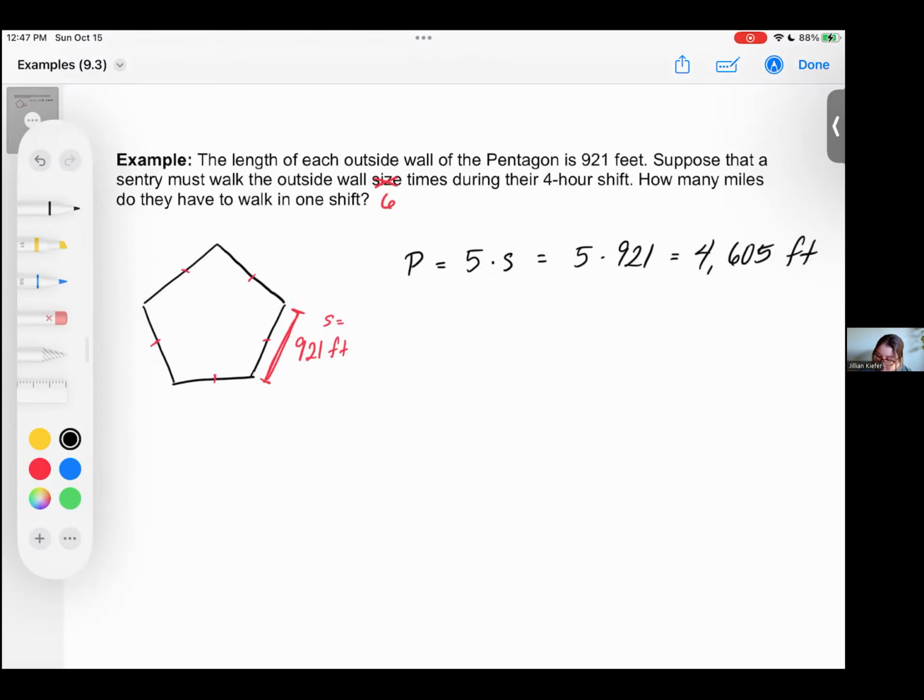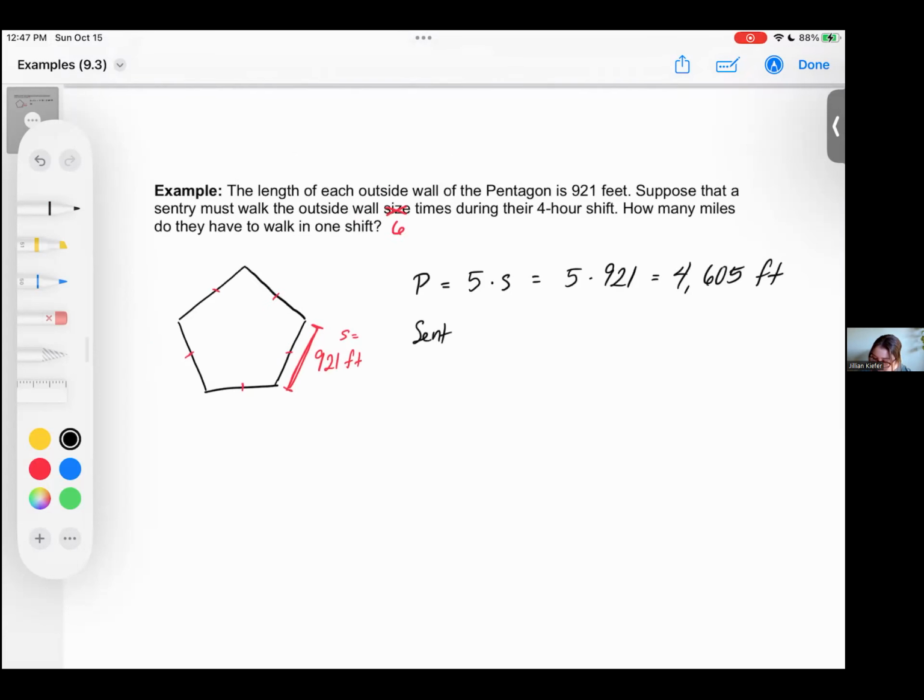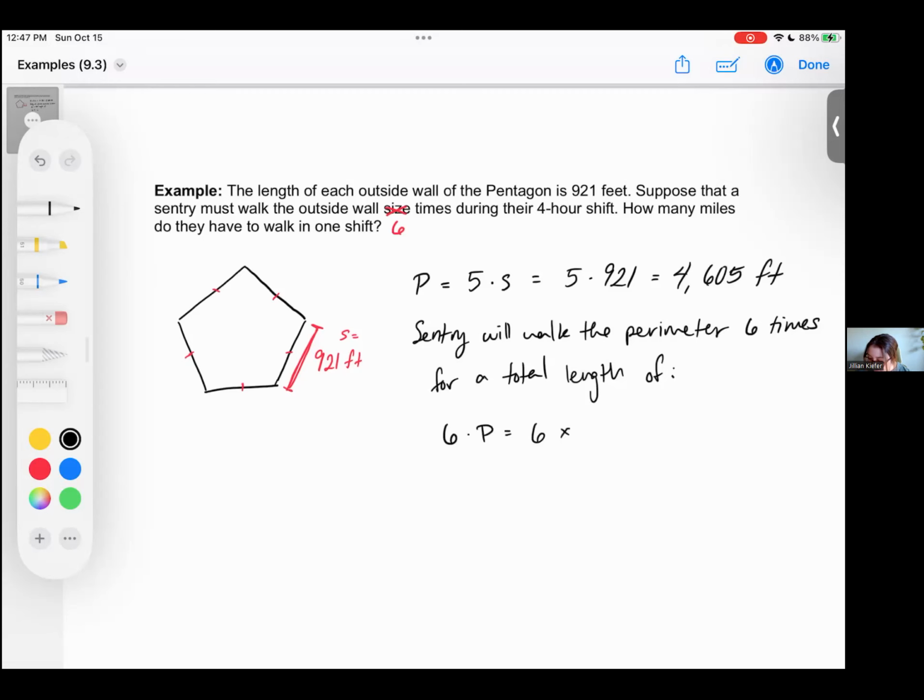So our sentry will walk the perimeter 6 times for a total length of 6 times perimeter, which will be 6 times 4,605 feet, which will give us 27,630 feet.